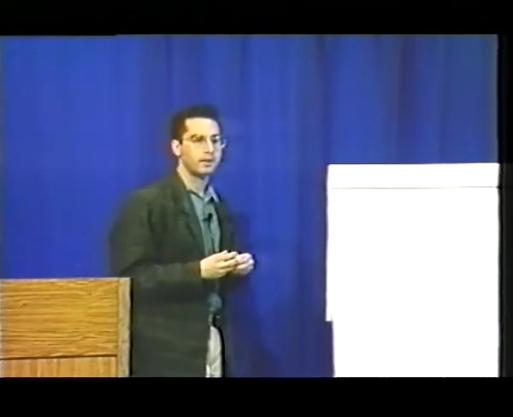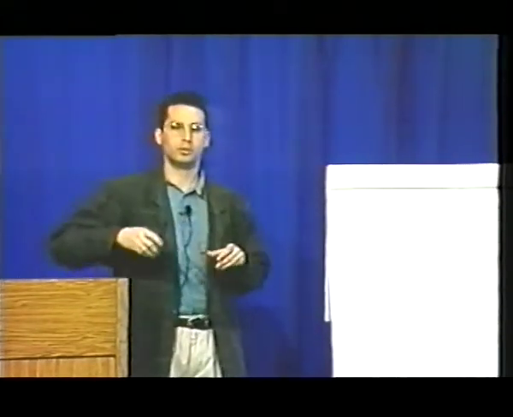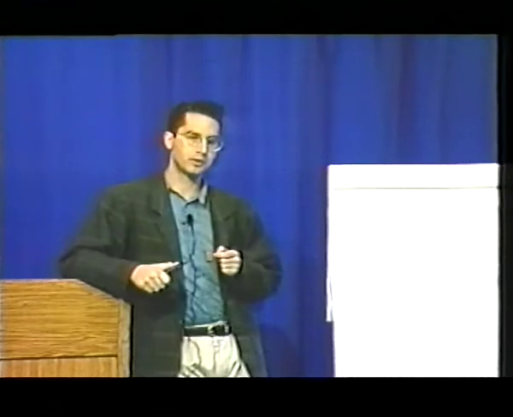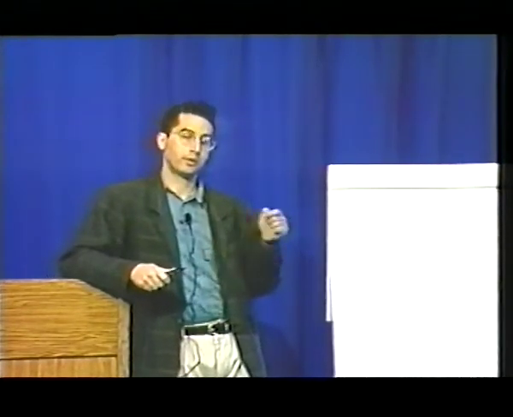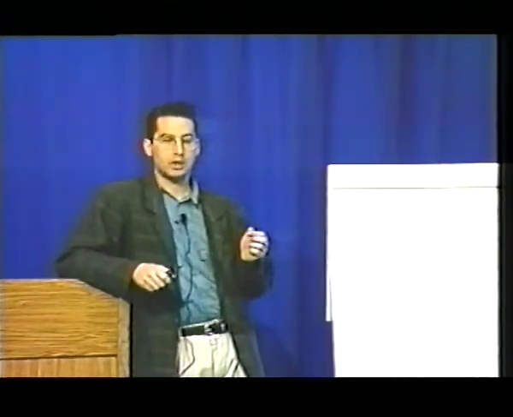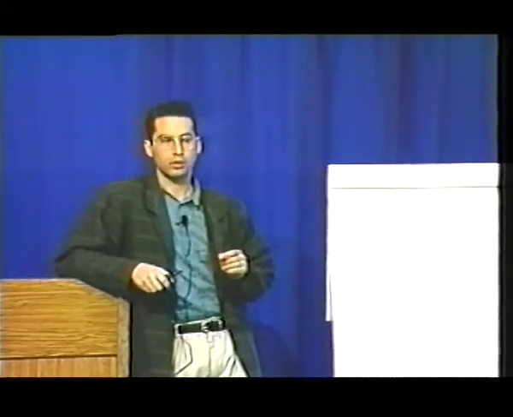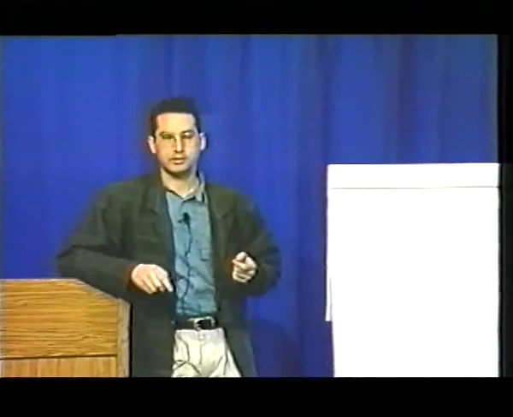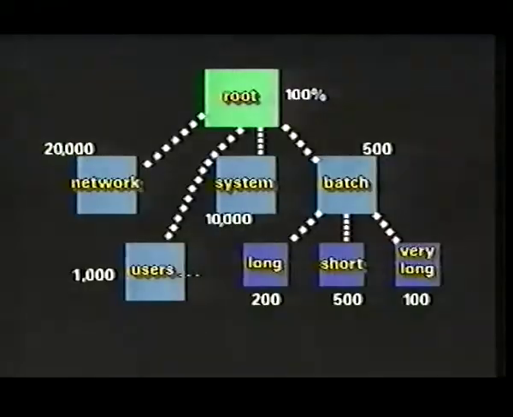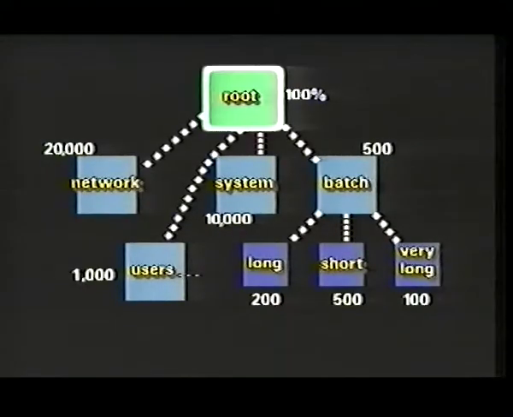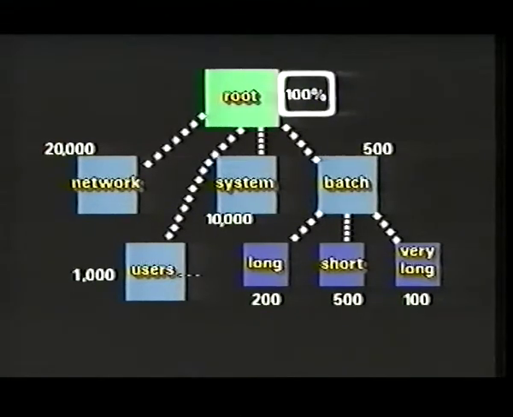Anyway, what we did to solve the problem was we create 3 share groups. One for the batch queues, one for networking daemons, and one for local system daemons. And so the picture you have is you start out with root at the very top, and he always gets 100%.